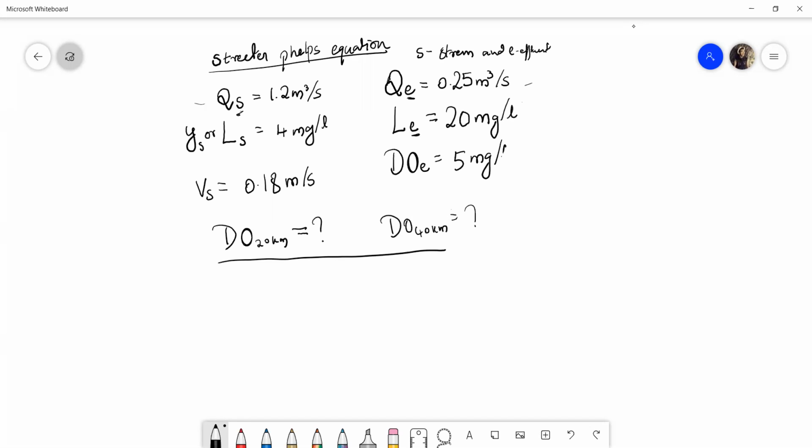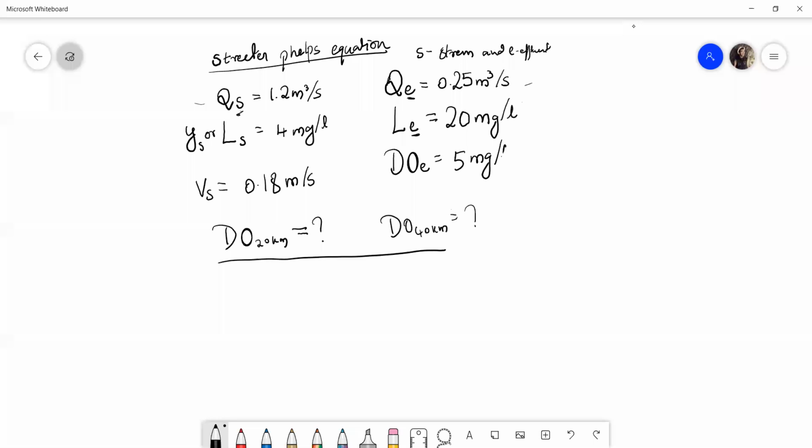So what do BOD mix, DO mix and temperature mix mean? It means the combination of the temperature, BOD, and dissolved oxygen of effluent as well as the stream that we are finding out. Okay. So in the previous question, they had given you two different temperatures, right? One was 25 degrees Celsius and another was 16 degrees Celsius.